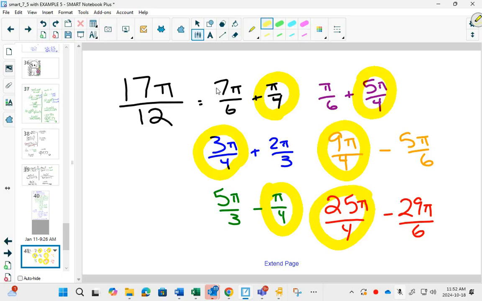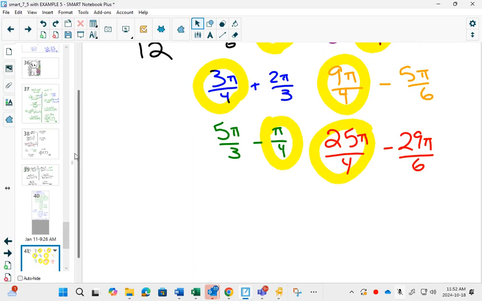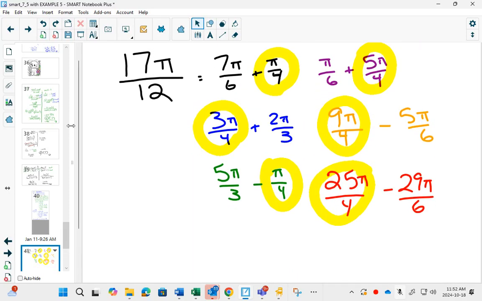In fact, can someone tell me from the pi plate a pi over 4 we did not use? Did we use 7 pi over 4?